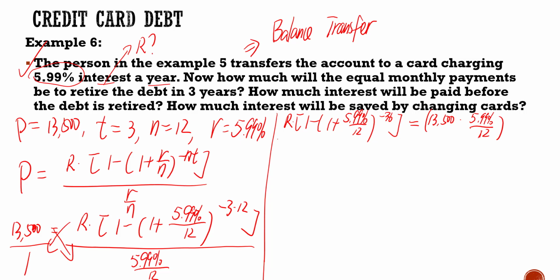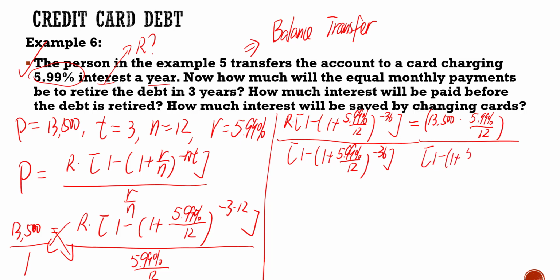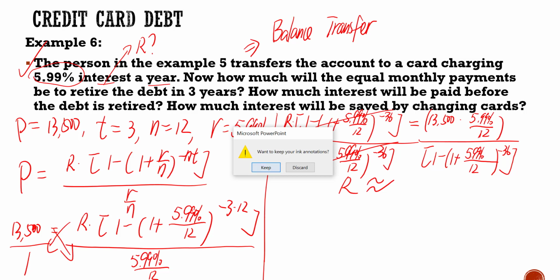Now we divide both sides of the equation by the square bracket. We cancel that square bracket, so we find out the regular payment. Let's see what that is. One more time, we put it back here.